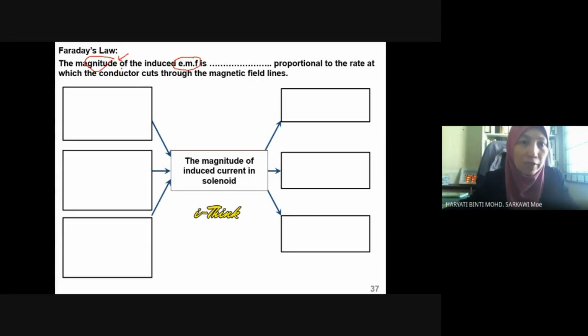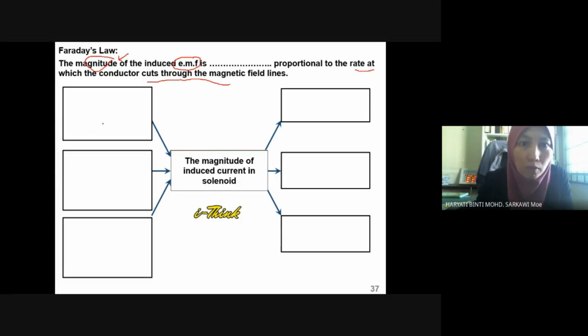Faraday states that the magnitude of the induced EMF or induced current is directly proportional to the, here this is the keyword, rate of change of the magnetic field lines experienced by the conductor. The rate at which the conductor cuts the magnetic field lines.